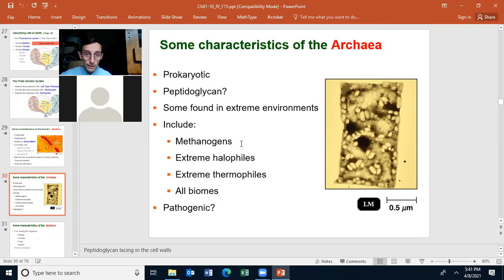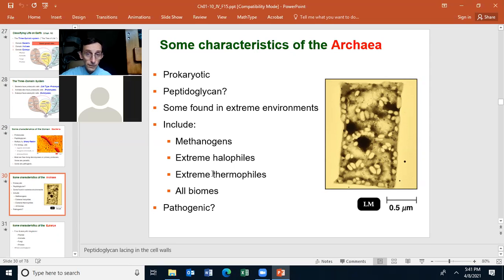That includes organisms living in methane gas environments with high methane gas, and that would be the methanogens. Archaea living under high salt concentrations, like in the Dead Sea, and that would be extreme halophiles. And then there's extreme thermophiles, archaea living in very hot environments.